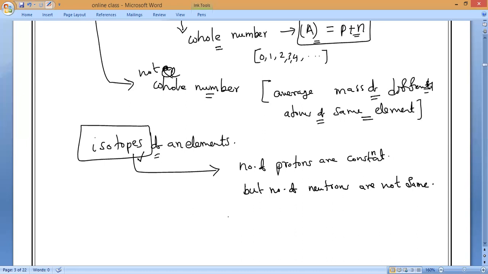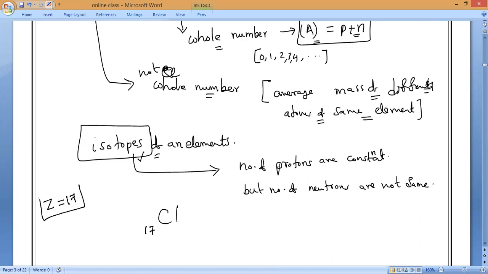Now, for example, suppose I take chlorine. What is the atomic number of chlorine? 17. Atomic number of chlorine is 17.